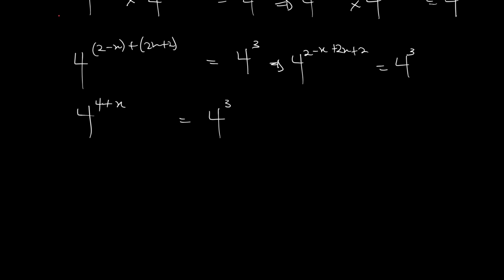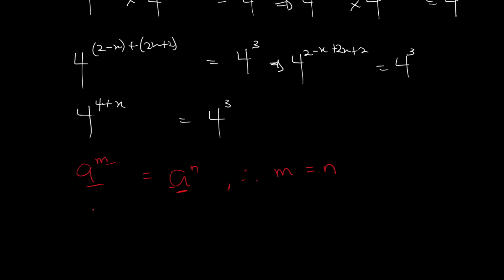Okay, let me add one extra rule of indices. If we have a raised to the power m equals a raised to the power n, since the bases are equal, we can equate the exponents. So therefore, m should be equal to n if the bases are equal.